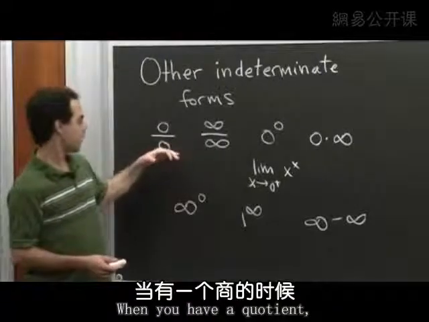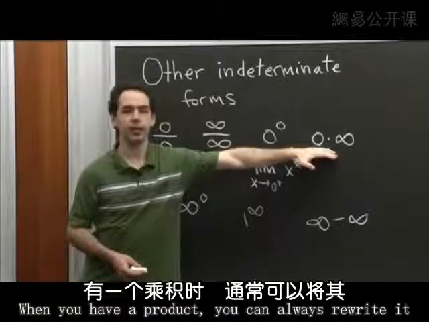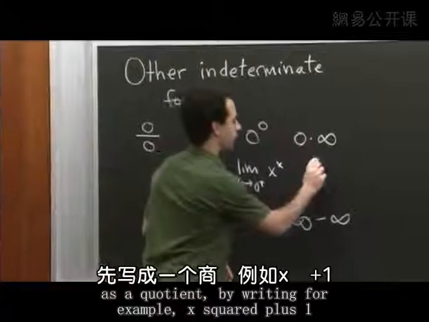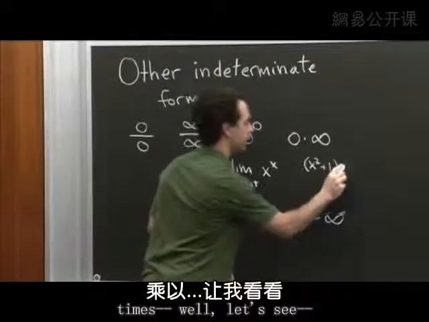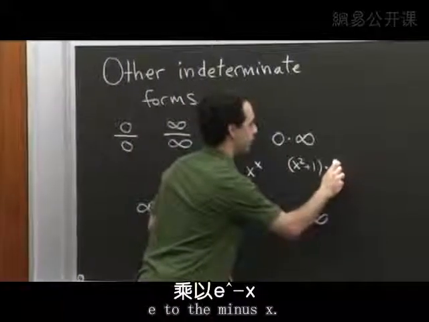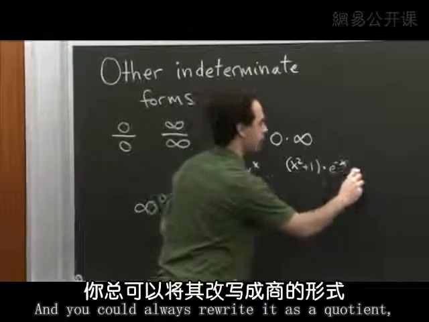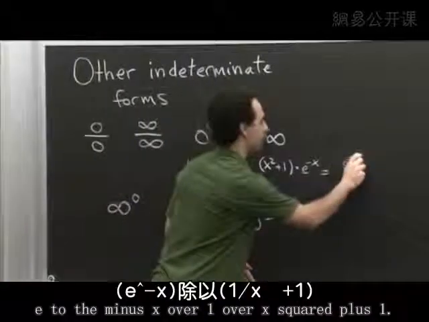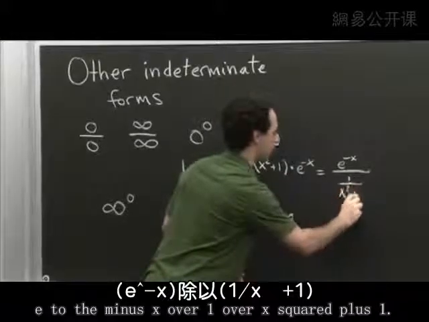When you have a quotient, you can always apply L'Hopital's rule. When you have a product, you can always rewrite it as a quotient. For example, x squared plus 1 times e to the minus x is a product, and you could rewrite it as a quotient, for example, e to the minus x over 1 over x squared plus 1.